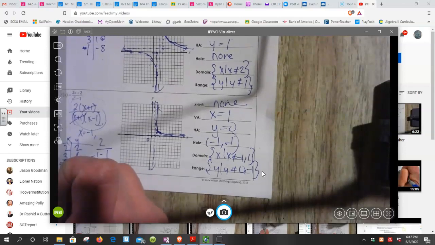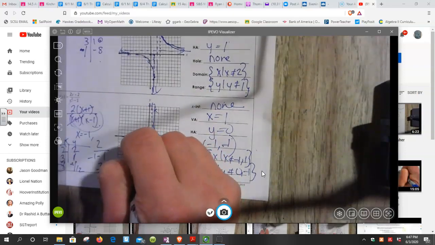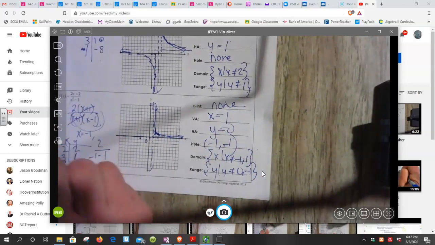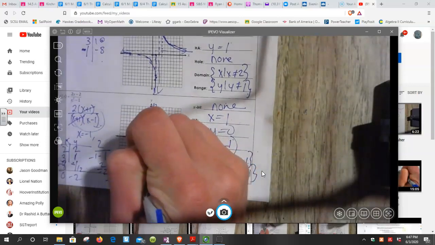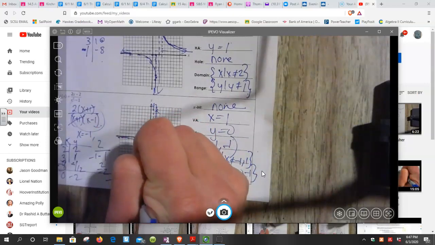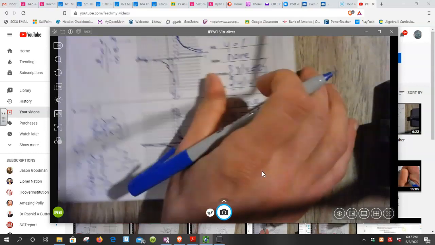Negative 3 would be negative 1/2. You can see what's happening there. And put 0 in there. 0 over negative 2, so it'd be 0, negative 2. So we can see the graph's going to be asymptotic right there, and then come down here like this. All right.